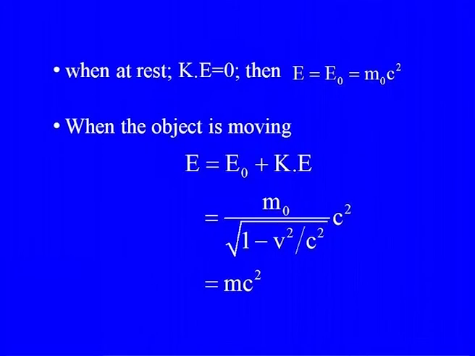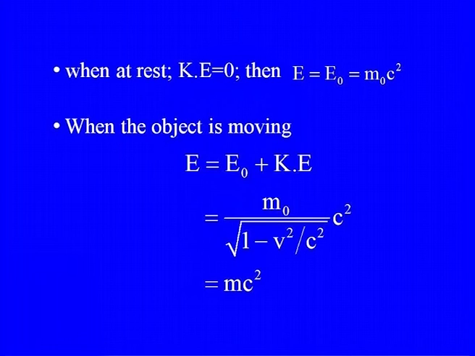If that sounds a bit confusing, it might a little bit. Let us just have a look at the next slide and that will clarify our concept. What is it? So, when the body is at rest, we know the kinetic energy is 0. But what happens to the total energy?